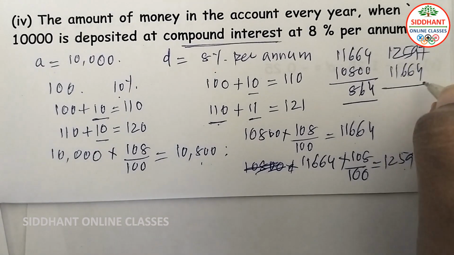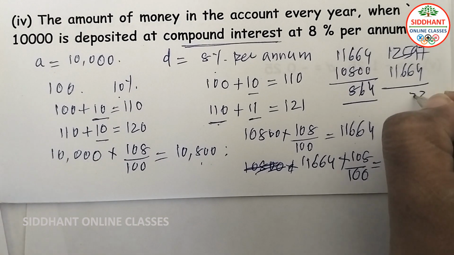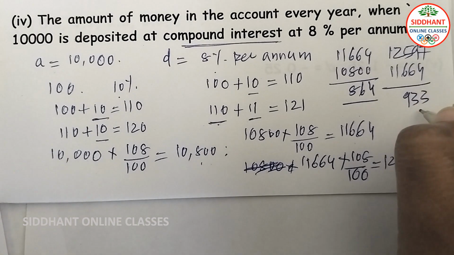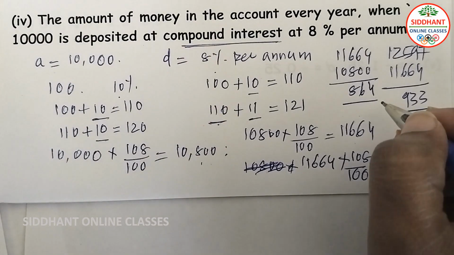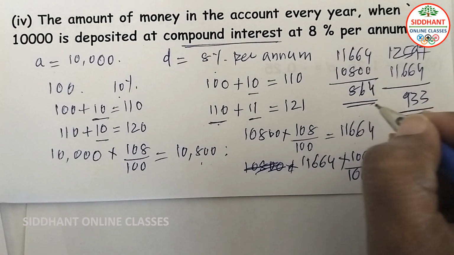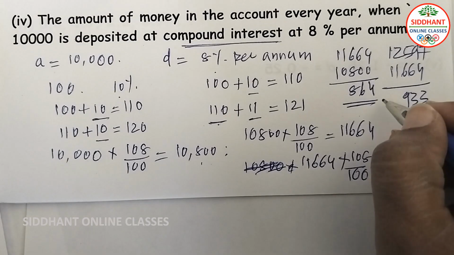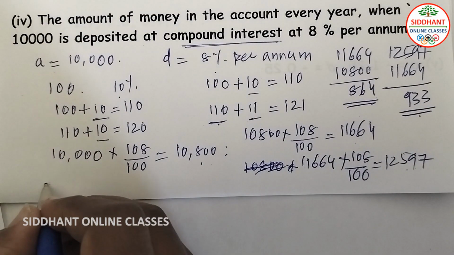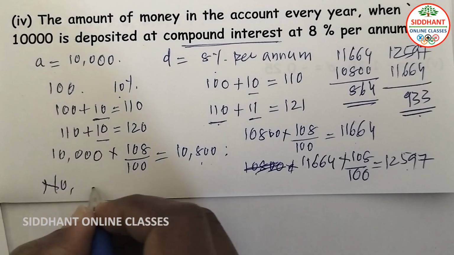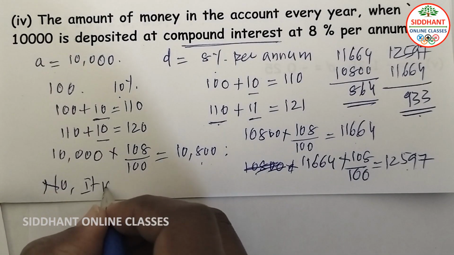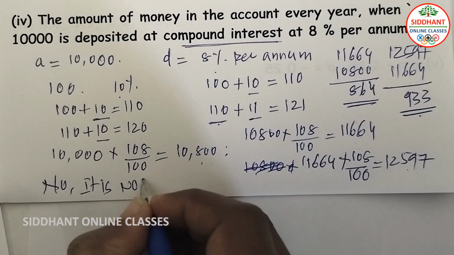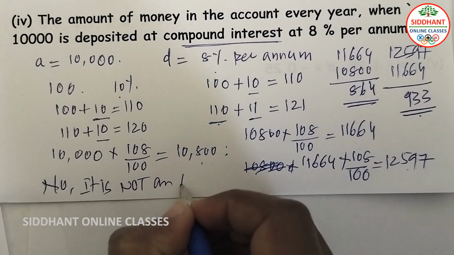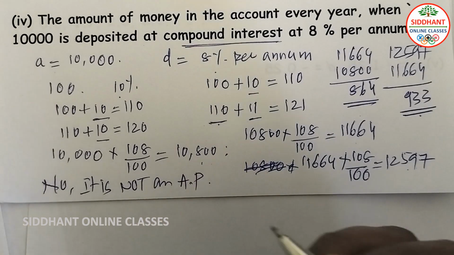The common difference is different. It is not same. The difference is not same. So the answer will be here no, it is not an arithmetic progression here.